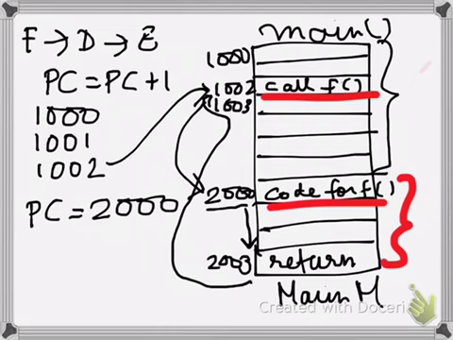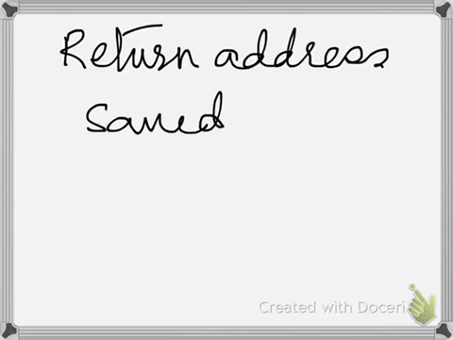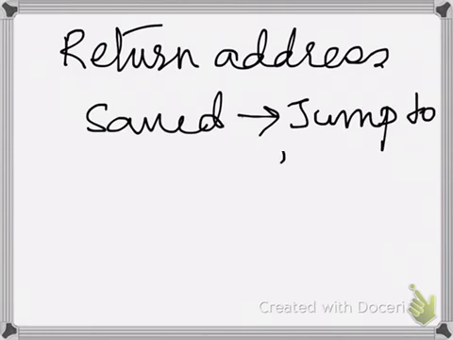This also means that when I jumped from 1002 to 2000, there has to be some place where I store the address to which I can return. That is known as the return address. The return address has to be saved when you jump to function code.